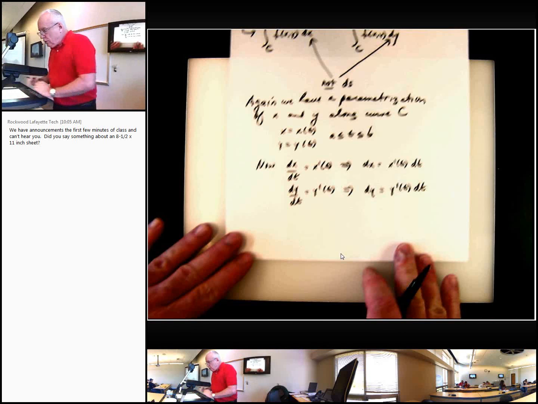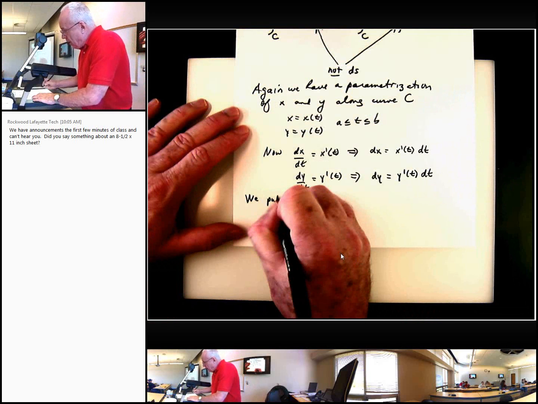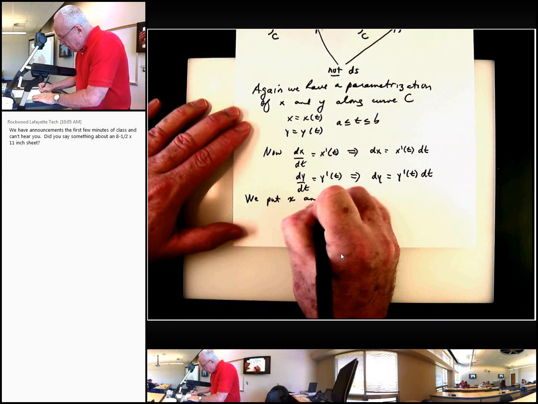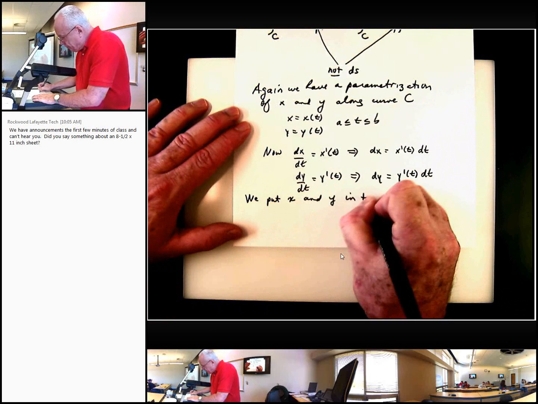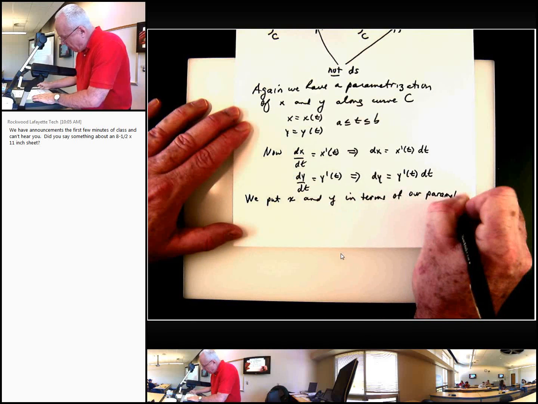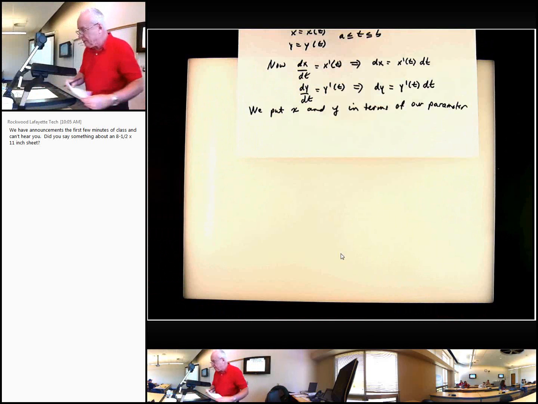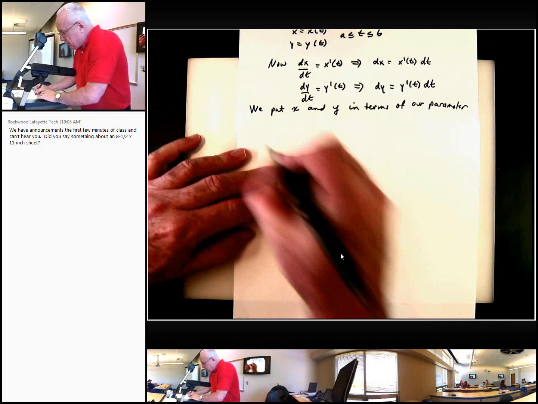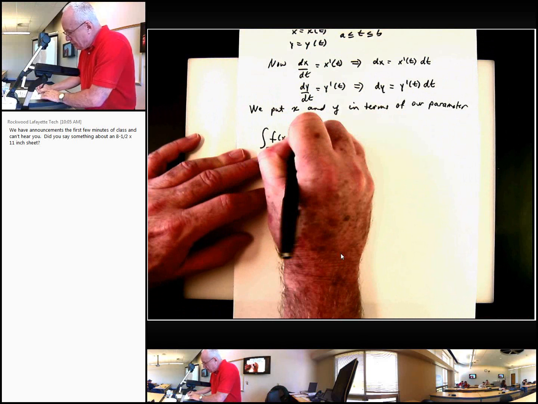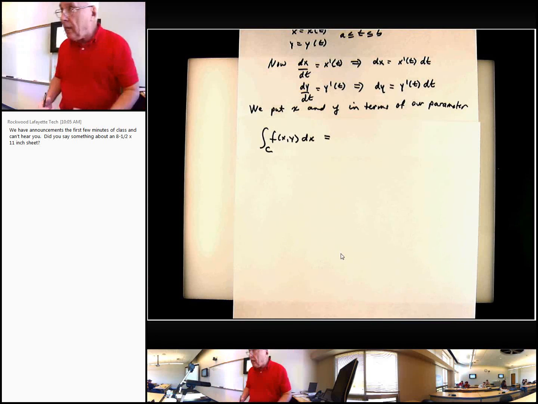Okay. So basically then, we put x and y in terms of our parameter. And we get this. Let me go up to a new page here so I have more room. So the line integral on C of f(x,y) dx is going to be replaced by something that we can work with.